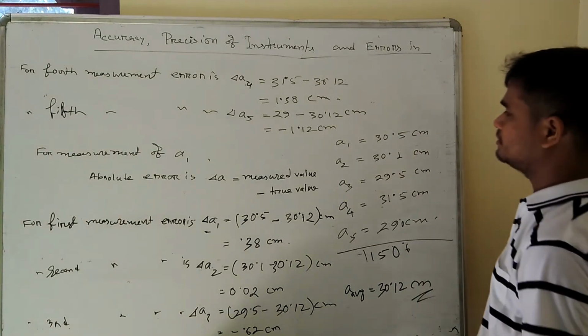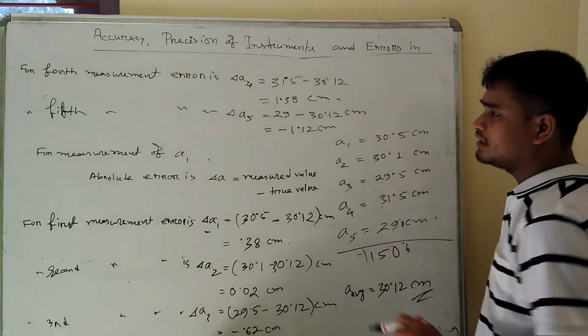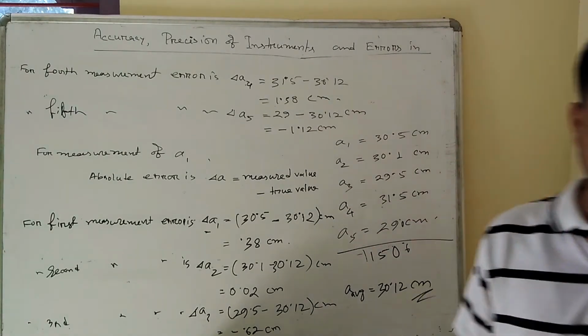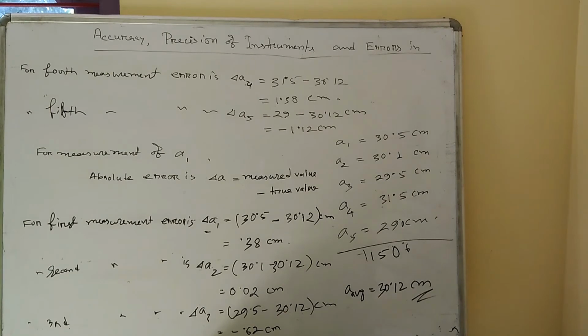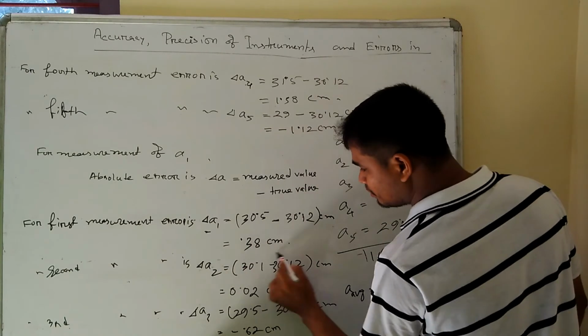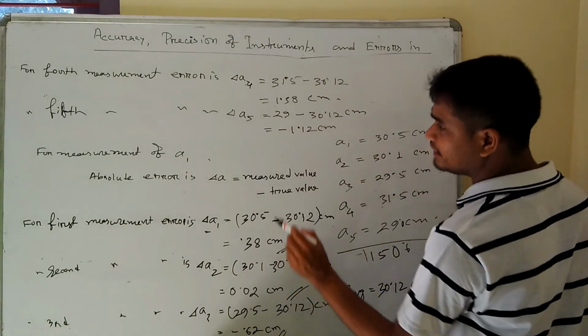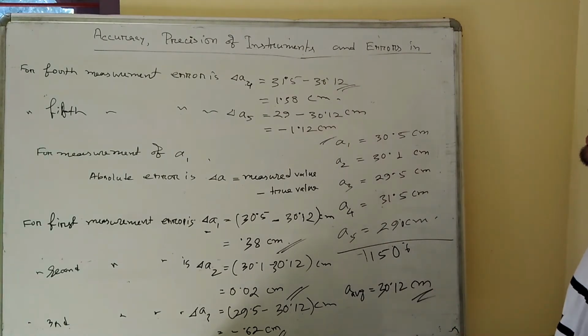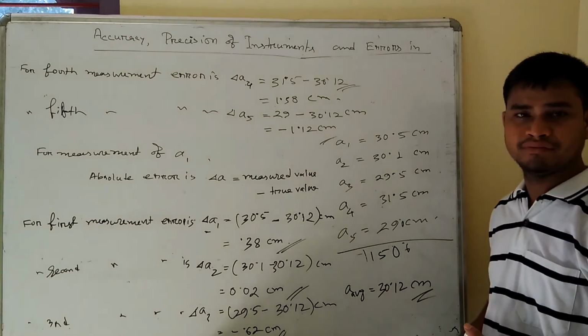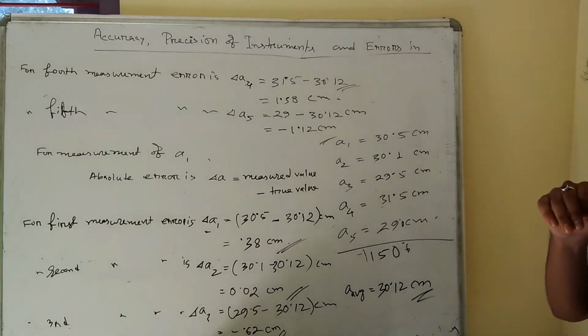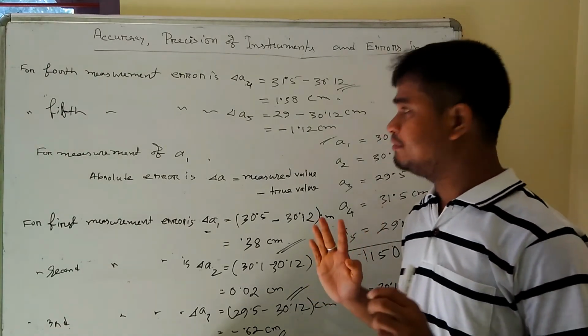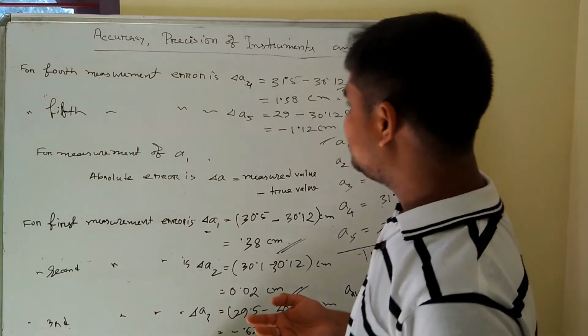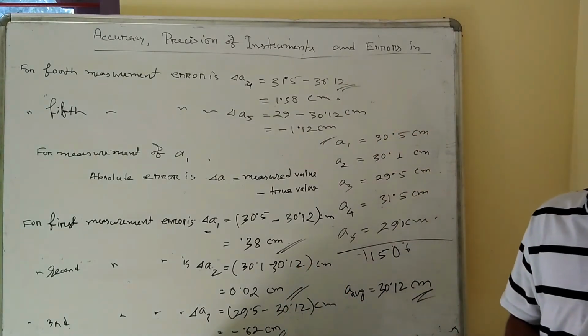Right? Okay. So these are the absolute errors in each measurement. Delta A1, delta A2, delta A3, delta A4, delta A5 are the absolute errors respectively in the measurements 1, 2, 3, 4 and 5. Clear? Absolute errors are always considered positive.